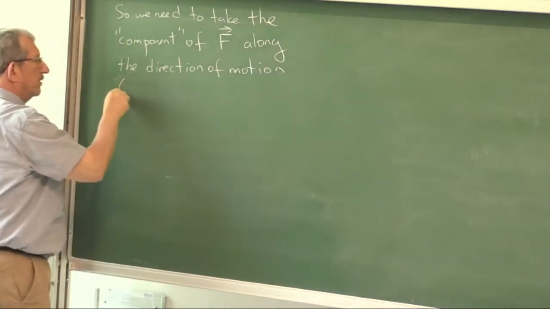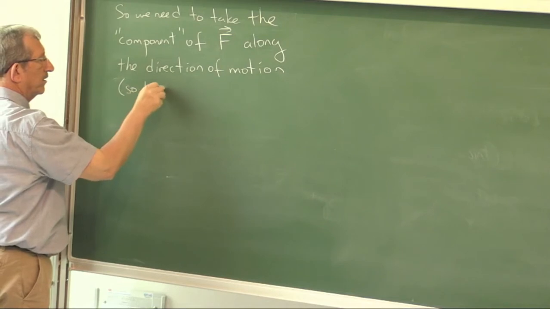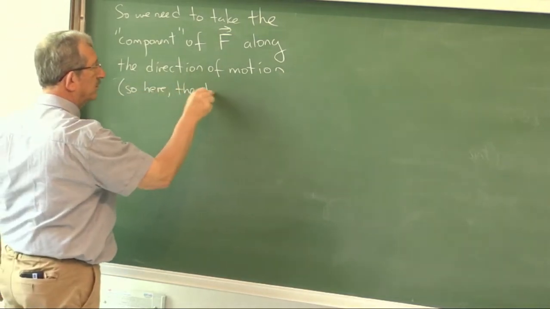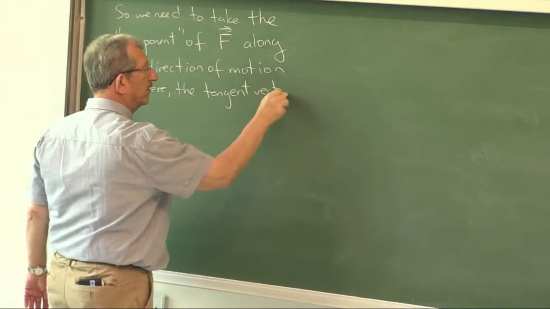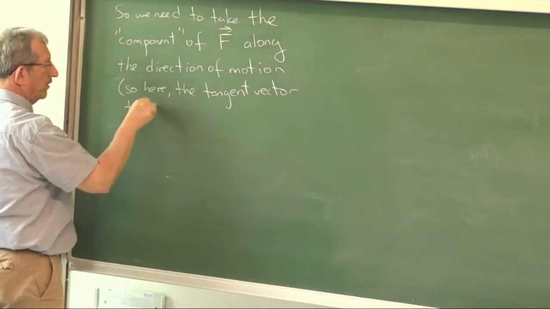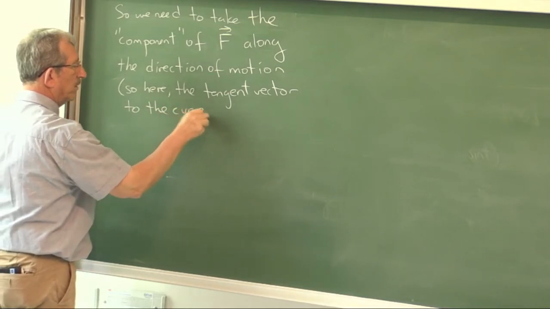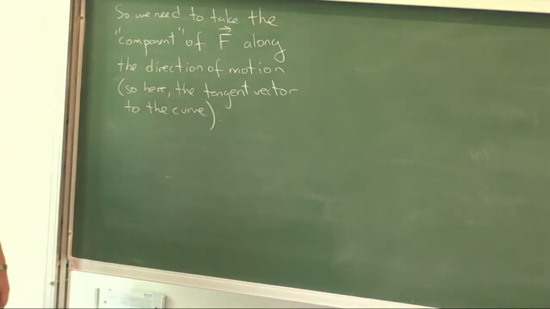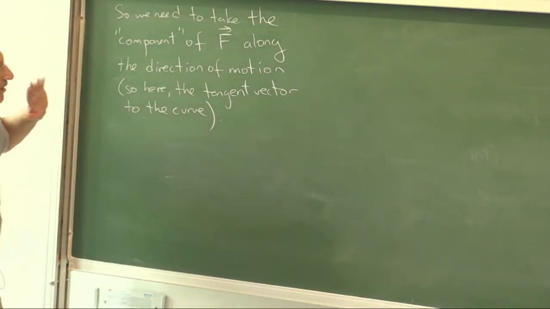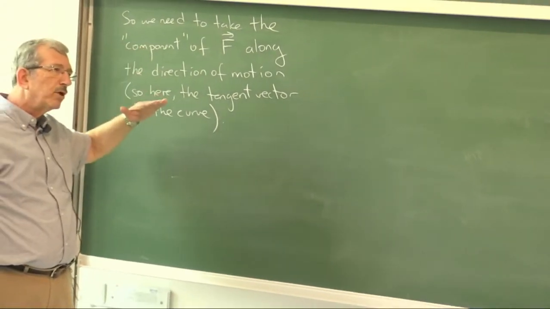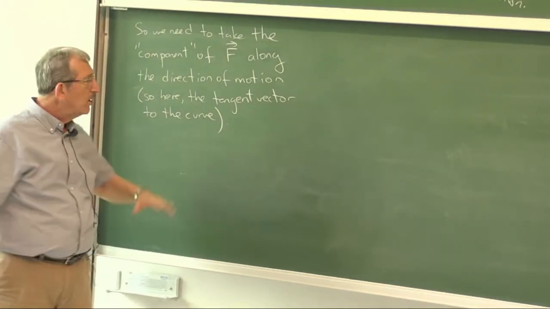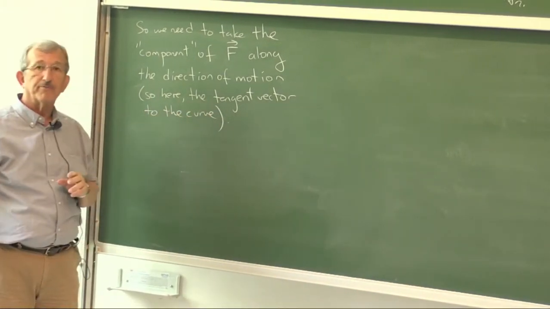Here, the tangent vector to the curve. So what we do now, we have a vector f which points in an irrelevant direction, but we have to take its component in the direction of motion, which is the tangent vector direction.